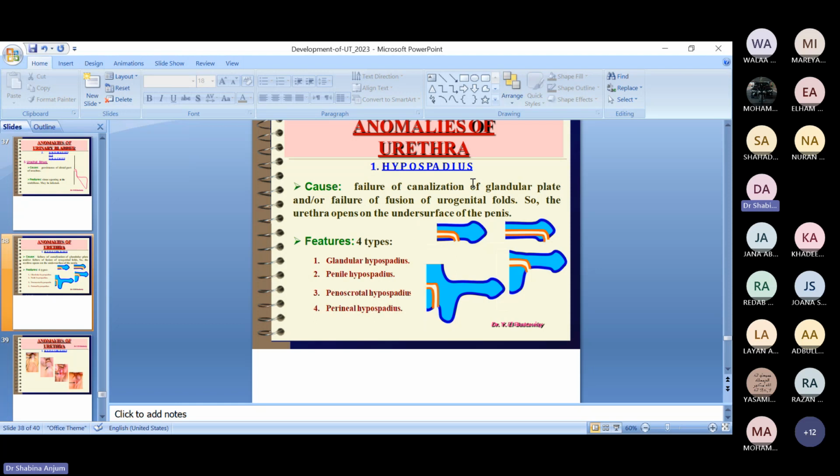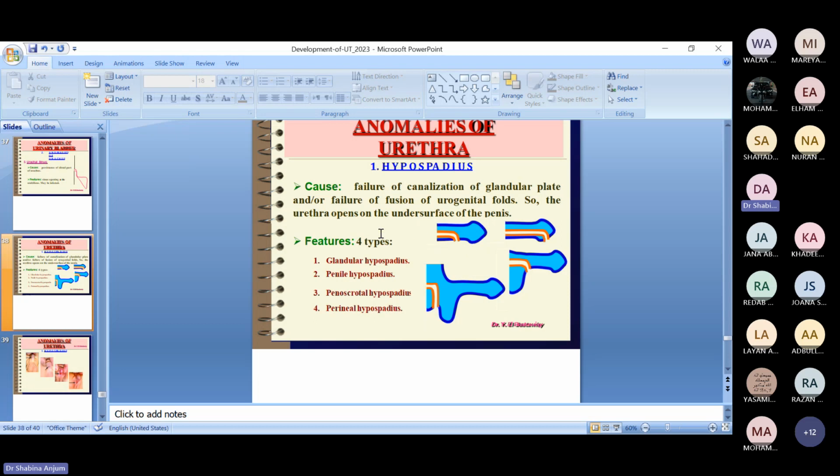Now, what is hypospadias? There is no proper canalization, or there is a failure of canalization of the glandular part. This canalization is very important. If you remember in the GIT also, we saw that if canalization does not happen, it may lead to stenosis and atresia. Here you can see there are many conditions.